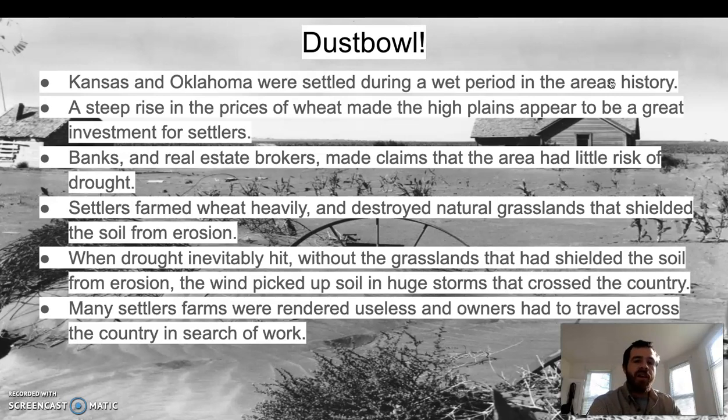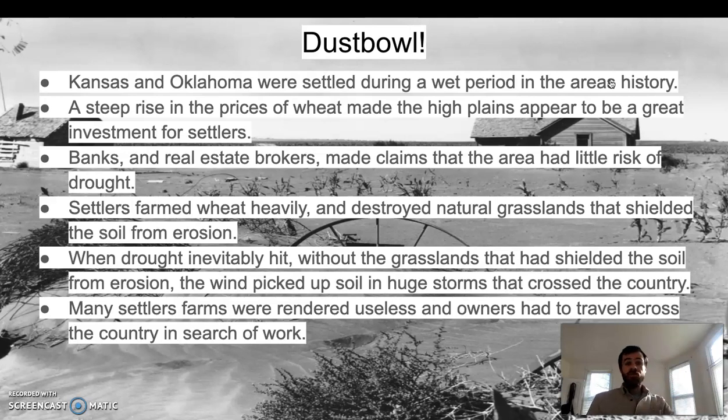Now, if you take away the grasslands, it's going to seem okay for a while, but eventually the wet period dries up. And without the grasslands to shield the soil from erosion, you have massive erosion. Huge clouds of dust kick up that reportedly crossed the entire country. People talk about seeing dust storms in New York during the Dust Bowl.